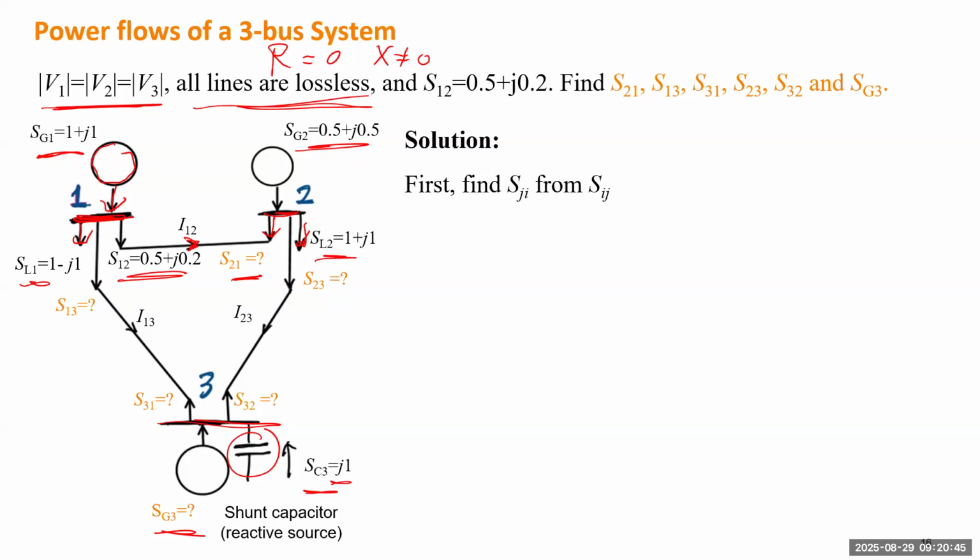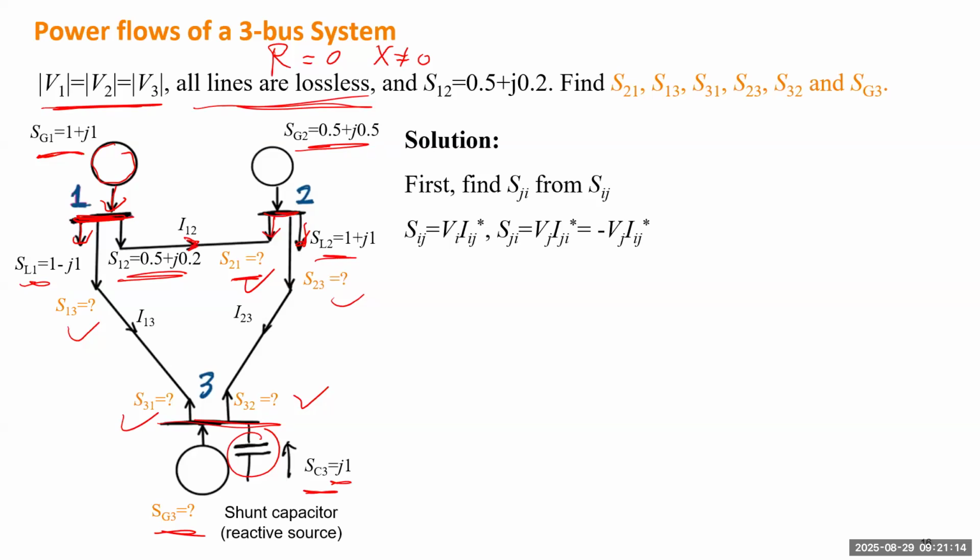Is there any simple relationship between Sij and Sji? They may not be equal and they may not be opposite to each other, but there could be some very simple relationship. If we figure out that relationship, we can calculate this one, and based on the power balance, we can calculate that one and this one. So we can make the calculation easier. So let's first do that.